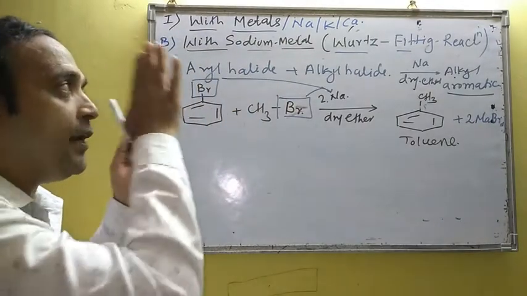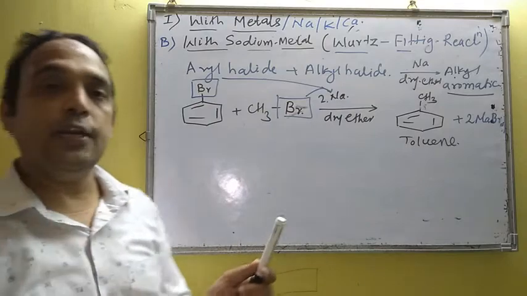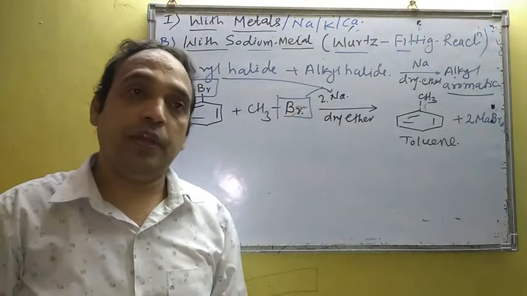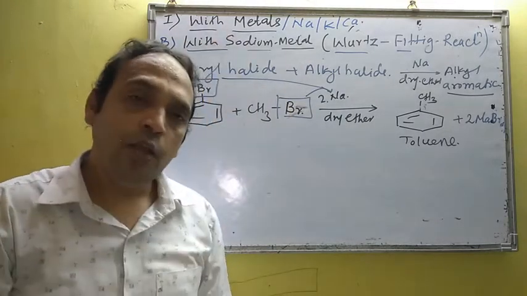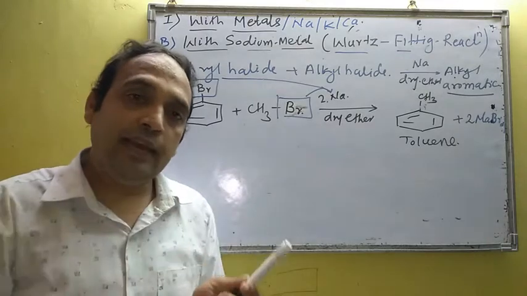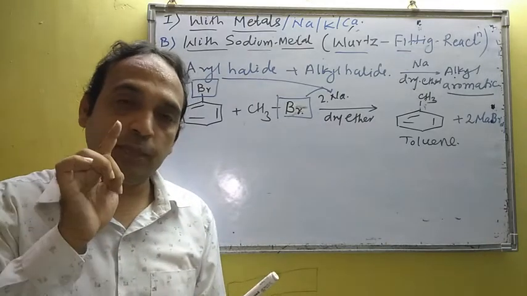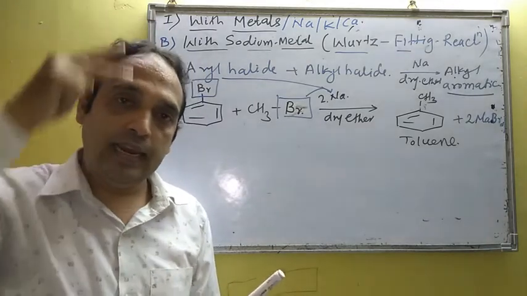Now related to Wurtz-Fittig reaction, एक थर्ड टाइप का रिएक्शन आता है. उसमें क्या होता है कि दोनों भी एरिल हालाइड्स रहते हैं. Wurtz रिएक्शन में अपने क्या लिए? दोनों अल्किल हालाइड्स.